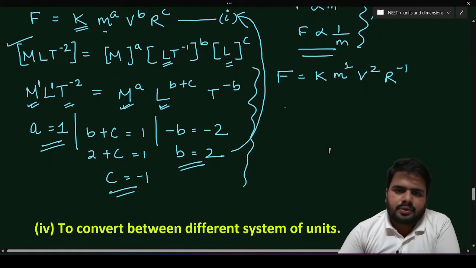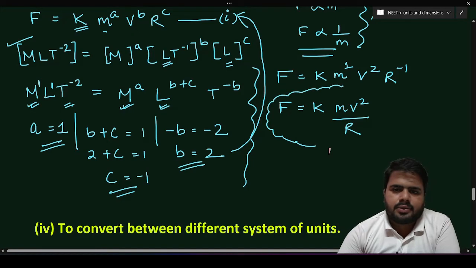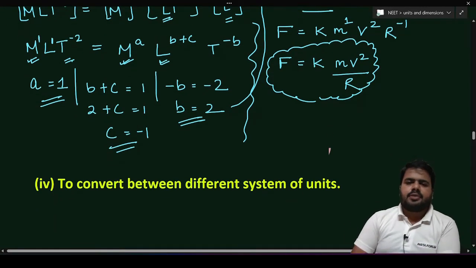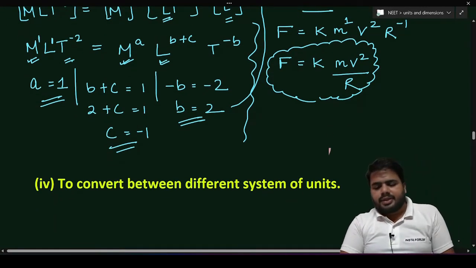So the final formula for centrifugal force is F equals K into mv square by R. Clear?